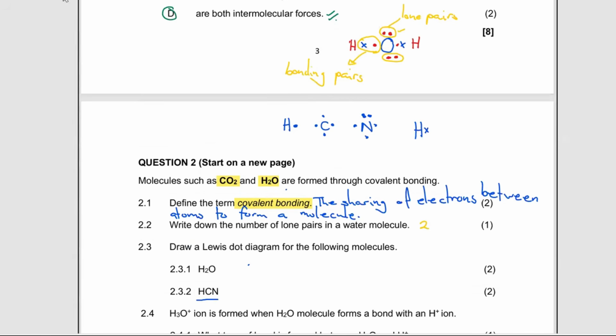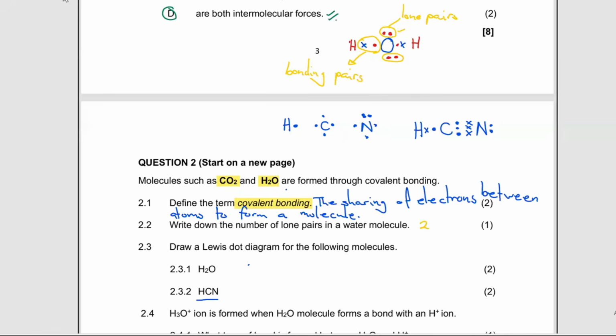I'll put an X for hydrogen there, then a dot for carbon there. Then after that, the three of these, we're going to push them to the central part so that they can formulate what you refer to as a triple bond between nitrogen and carbon. Then you're going to have an N there, with the lone pair on this other end. So this is how we represent our Lewis dot diagram for HCN there.